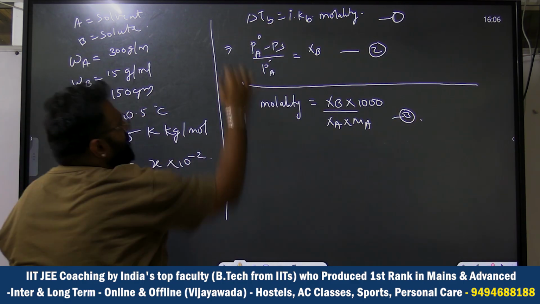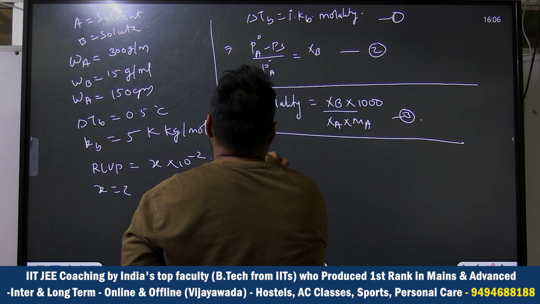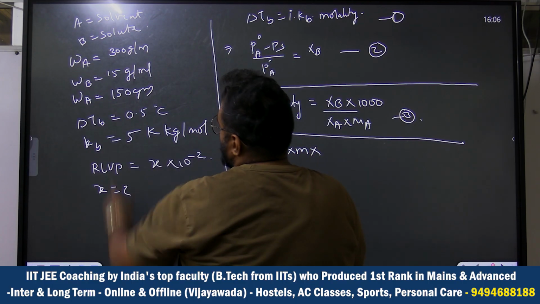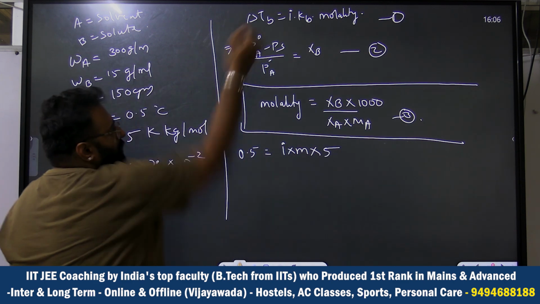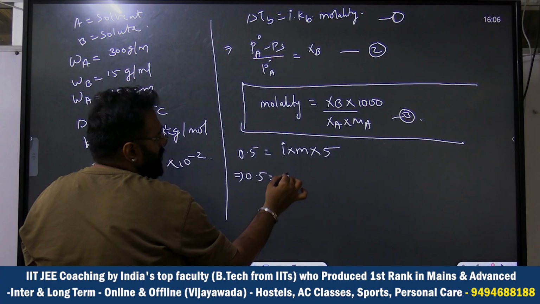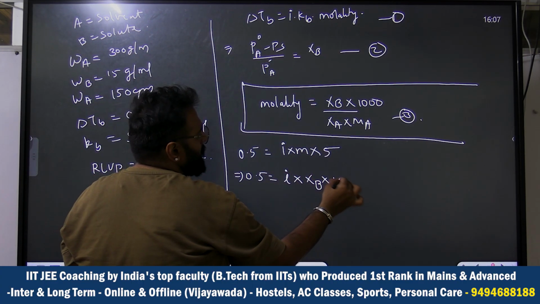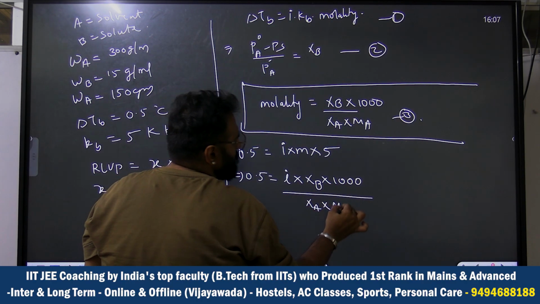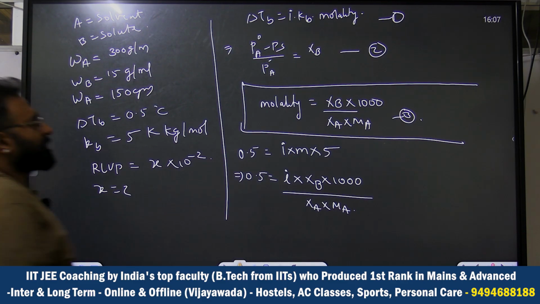Now let us substitute data in our first equation. What is delta TB? 0.5 is equal to I into molality into Kb. What is Kb? 5, correct? Now instead of molality, can I keep XB into 1000 divided by XA into molar mass of A? I can write like this, correct?